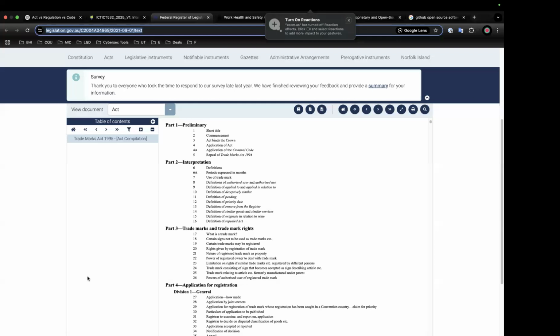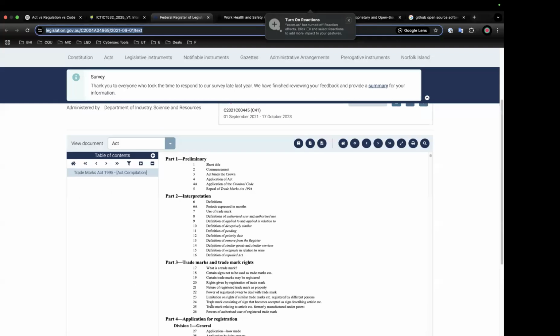So again, you'd have your definitions, like what is a trademark? What are the things that can be applied for under trademark rights? Also, if you want to register your trademark, where do you need to go to apply for that? And then it also has to talk about your duration, so how long it applies for.